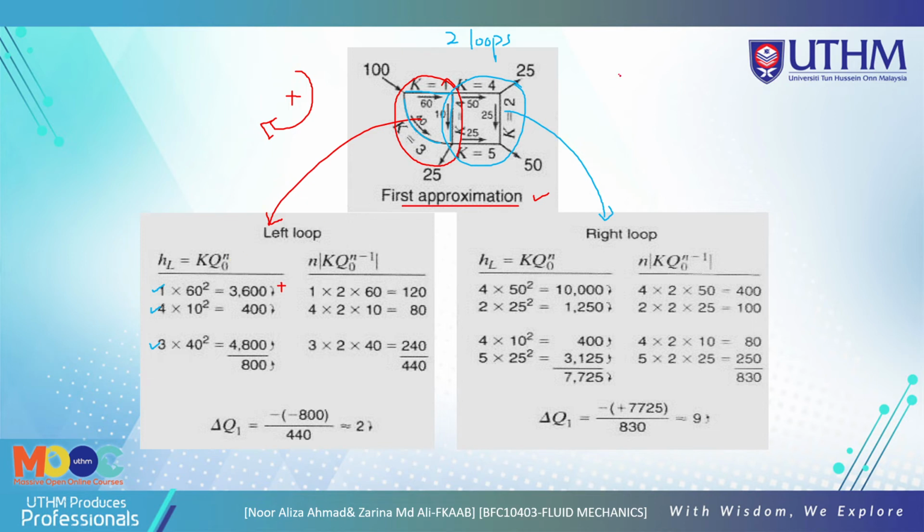N is equal to 2, so that's why it is Q to the power of N. So 60 to the power of 2 here, and K3 is 4 times 40. 40 is anti-clockwise, so this is anti-clockwise.